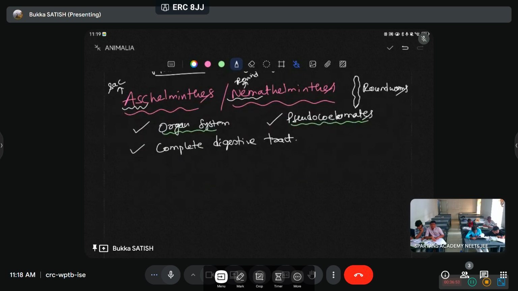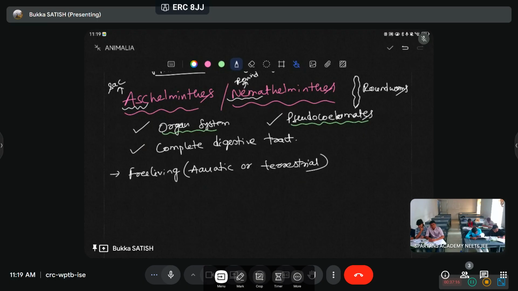Next, coming to the other characteristics, you can find free living forms as well as parasitic forms. There are free living forms which can be aquatic or terrestrial.